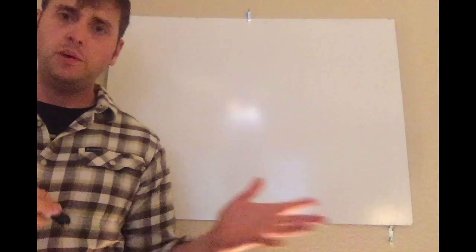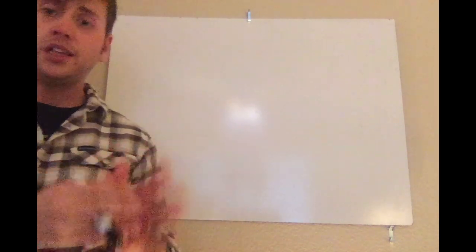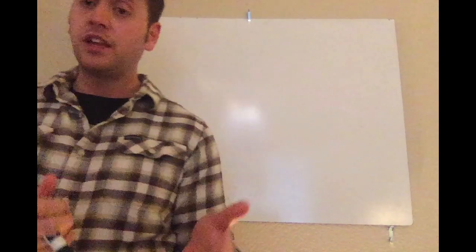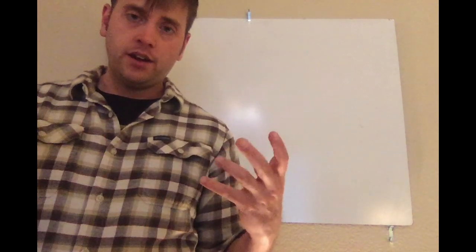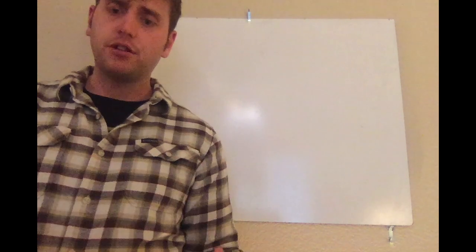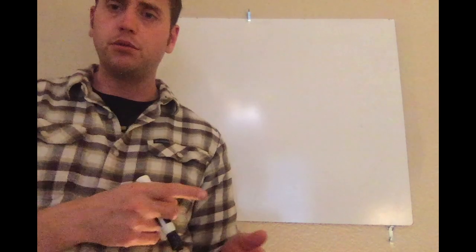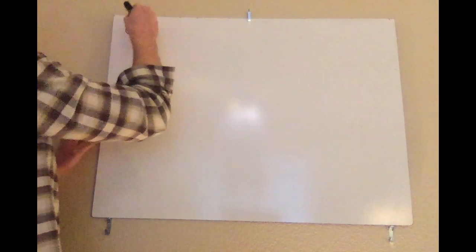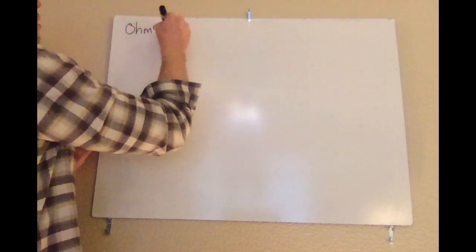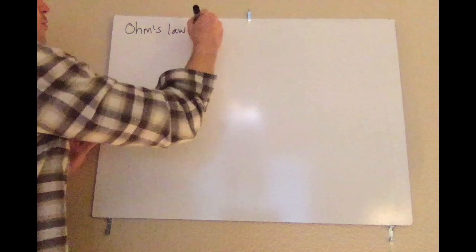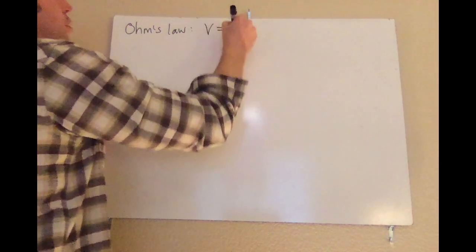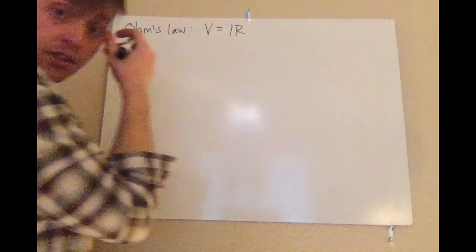Okay, so now we want to find the force between these two wires in an extension cord. And the first thing we should figure out is what is the actual current running through this wire. So for this, we're going to use Ohm's law. The voltage that we apply is equal to the current times the resistance.